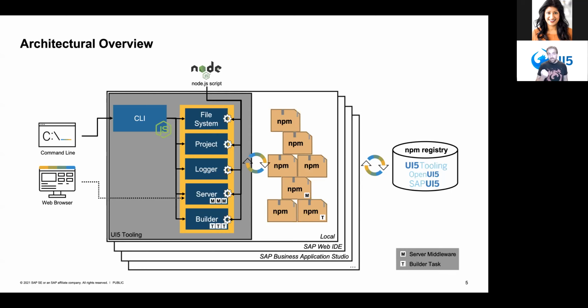The project and the file system modules abstract the access to the resources, to the UI5 runtime resources, for example, to get the OpenUI5 or SAPUI5 resources into the development server. And the good thing is, with all that, we also made it possible to consume the OpenUI5 and SAPUI5 modules from the public npm registry, where the UI5 tooling is also available. Everything comes as an npm module into your environment, and this can be installed and used as a dependency for your project.